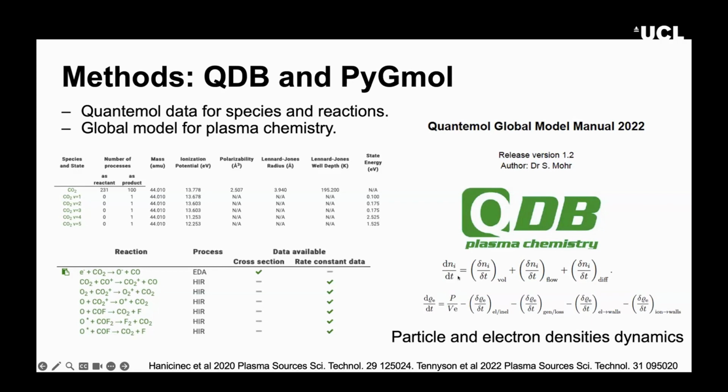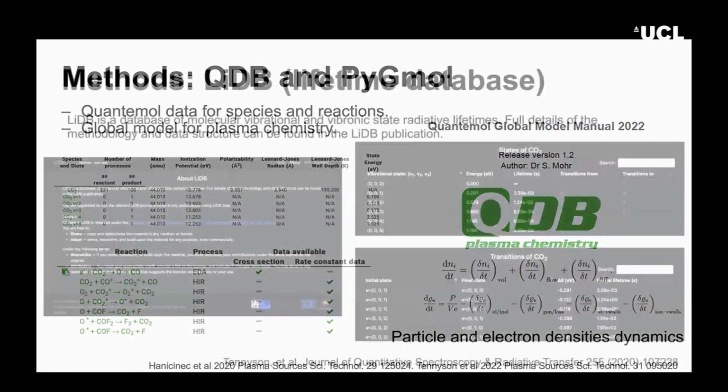The thing we are interested in this model is the heavy particle density. So we can figure out the distribution of the heavy particles, and then we can compute the emission spectrum.